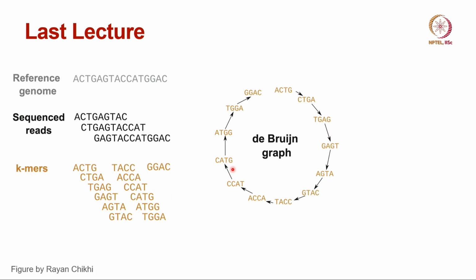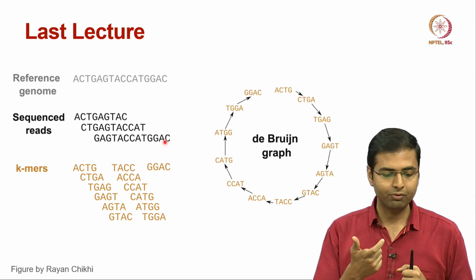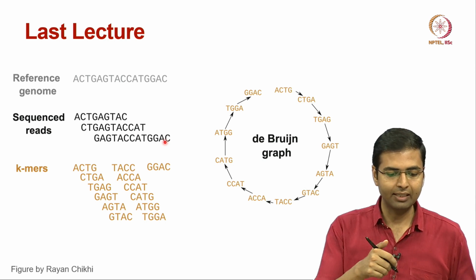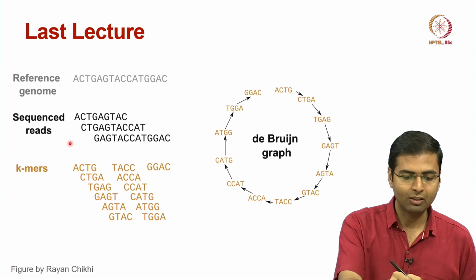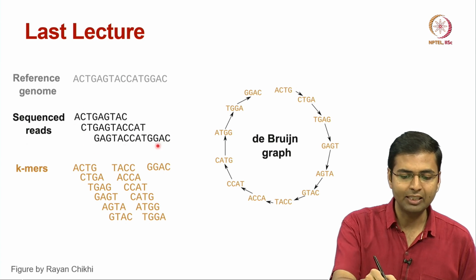So in the last lecture we defined what de Bruijn graphs are. Just to remind you quickly, you have a reference genome which is not known. You have the sequencing reads that are sampled from the genome. Now from these reads the de Bruijn graph is constructed as follows. The vertices of this graph are k-mers, that is the k length substrings observed in the sequencing reads.